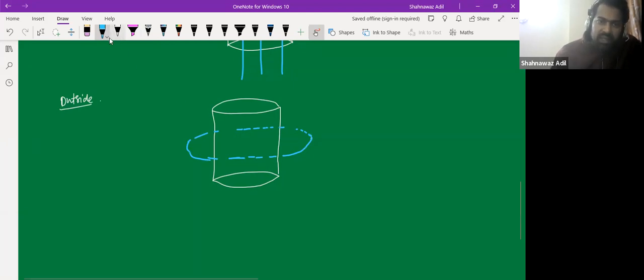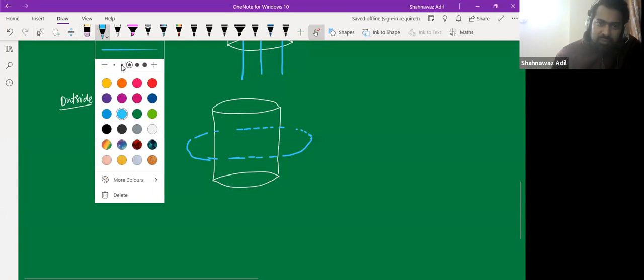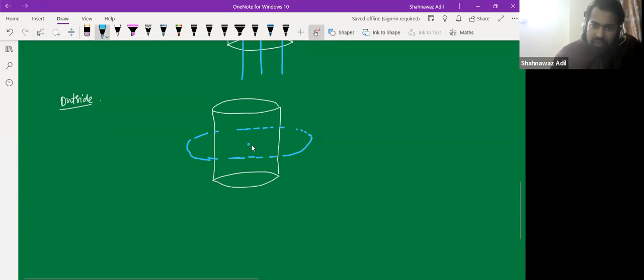And let's say this distance is how much? This distance is r, and this is the Amperian loop, right? And this is our disk-like shape.